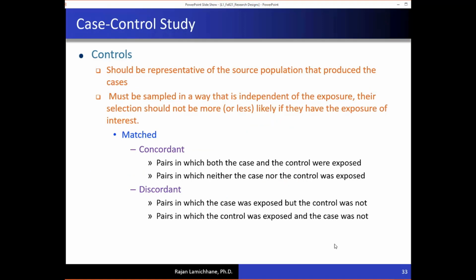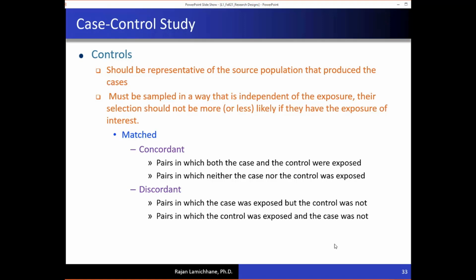And there are different ways to identify the controls. Controls can be identified based on their matching status, what factors they match. Matching can be concordant or discordant. In concordant matching, both case and control will have the similar status of exposure or non-exposure. And in discordant matching, case and controls will be matched based on their opposite status.